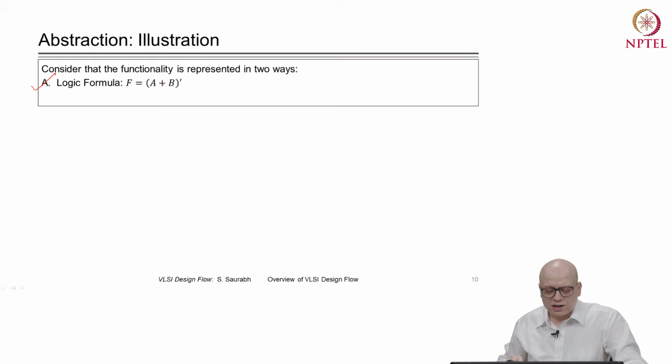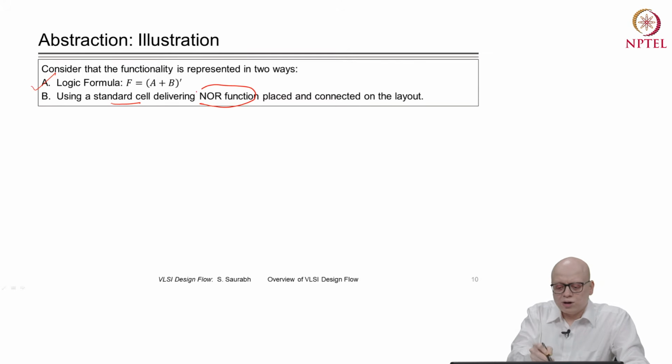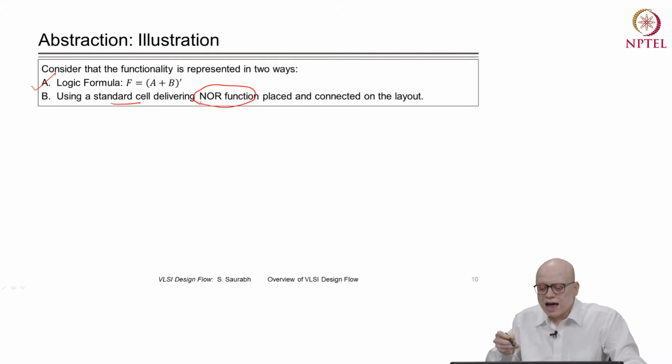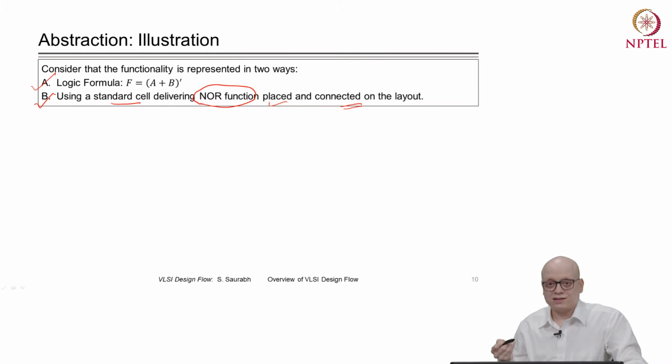Now the same function can be represented in a layout also, in terms of standard cells, a NOR gate, or a standard cell which is delivering a NOR function, and we are making a layout, placing it and also making a connection out of it, right? So these are two different levels of abstraction, right?